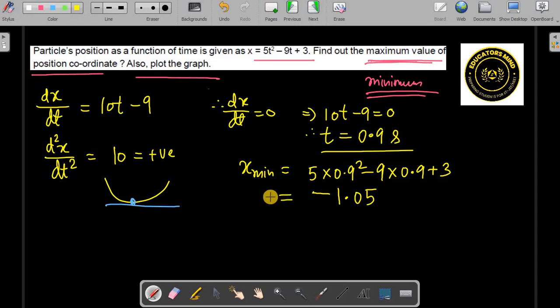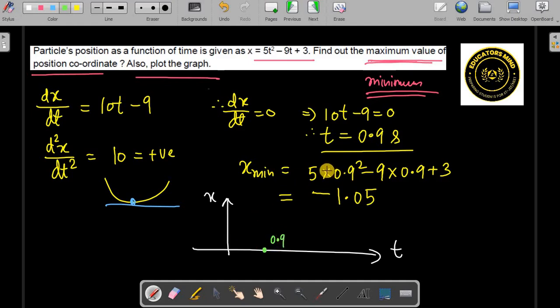Now if you have to plot the graph, let's try to plot it. Suppose this is time and this is the x-t graph we are plotting. It's a parabola and the minimum value is happening at 0.9 second. So if you take this as 0.9 second, here the minimum value is happening.